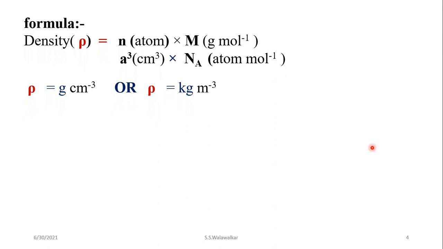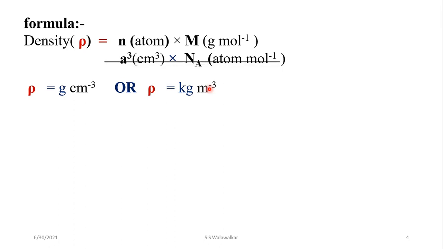Now the unit of density is also important. Density is generally expressed in grams per cubic centimeter, or in SI unit, kg per meter cube.